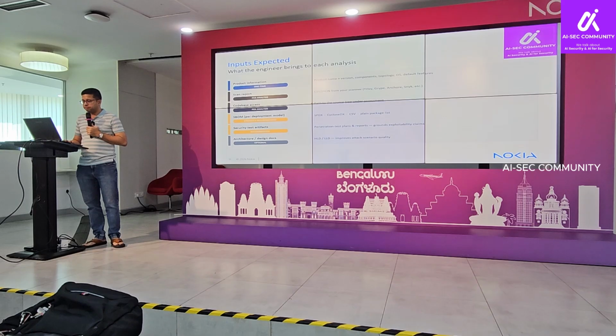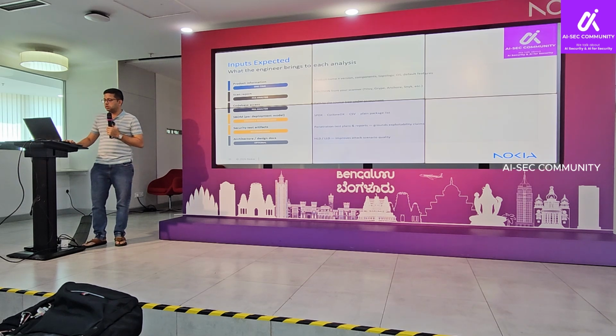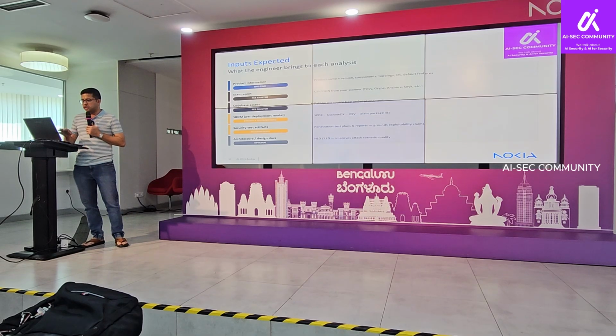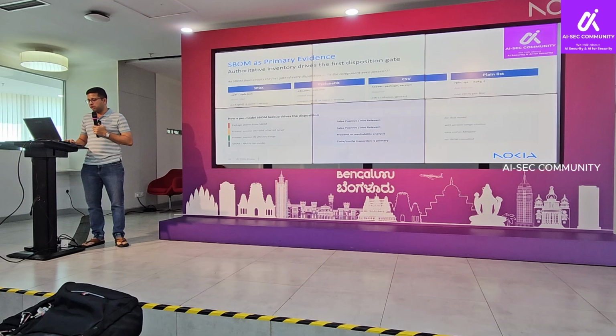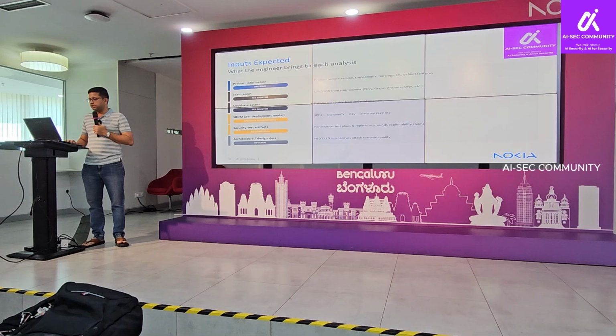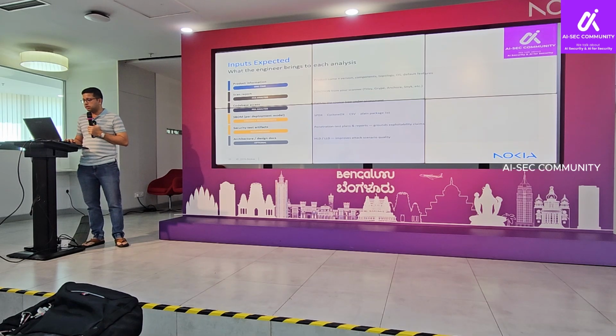Okay, so then we talk about the inputs that are expected for this agent. At least a couple of things on this slide form the majority of the context awareness for this agent. One is the product information, where you feed in your deployment models, your topology, your context, what OS it is running on, and what default configurations you have enabled.